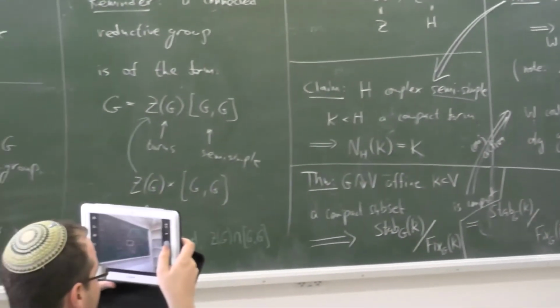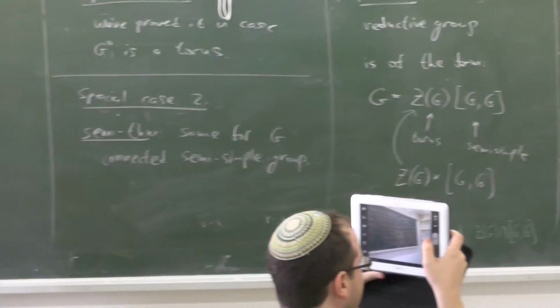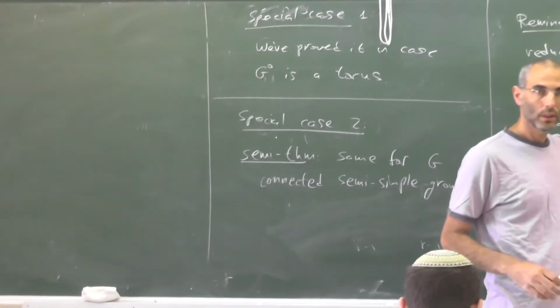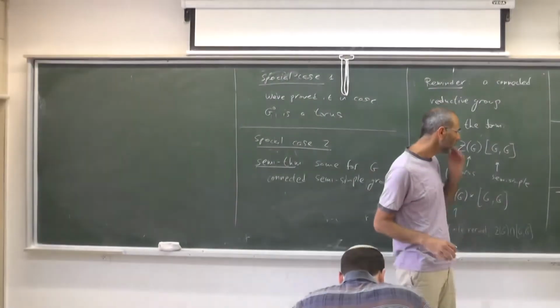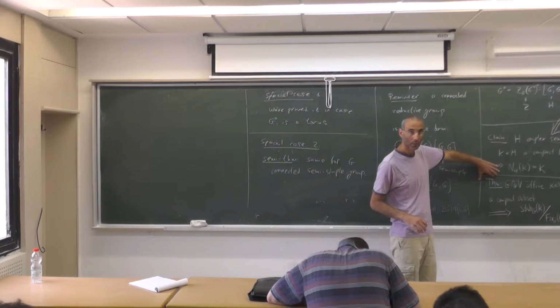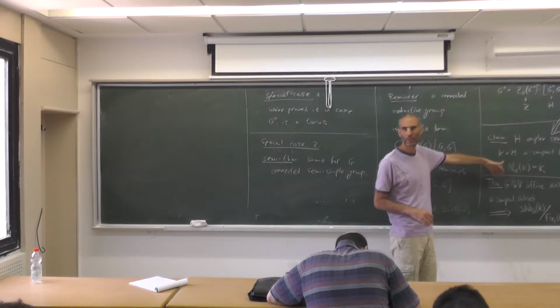So are we clear? Now, this is a very general statement. It is valid over an arbitrary local field, actually. I'm thinking of the complex numbers, but it doesn't matter.